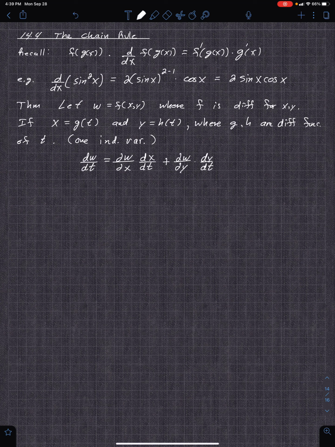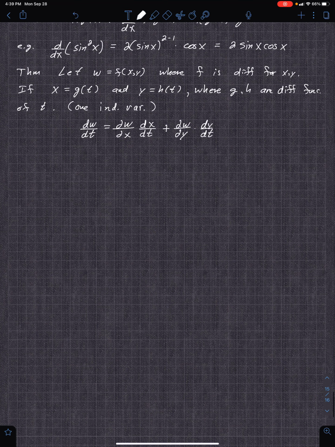So that's the chain rule, how you expand it out with one independent variable and two dependent functions. So let's look at an example.